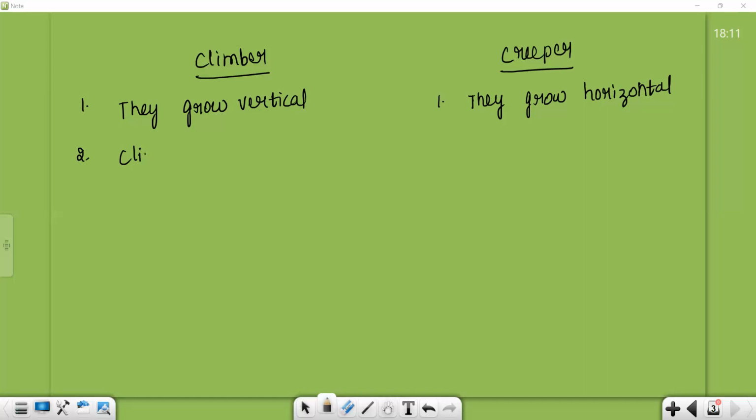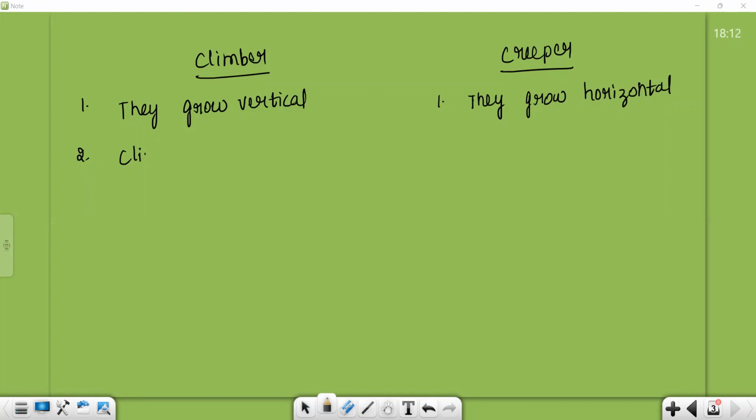Okay. I have a doubt. Like, the climber might grow heavy objects, but not that much. Sometimes it may grow heavy things, sometimes only.